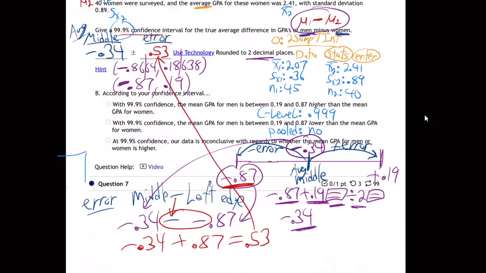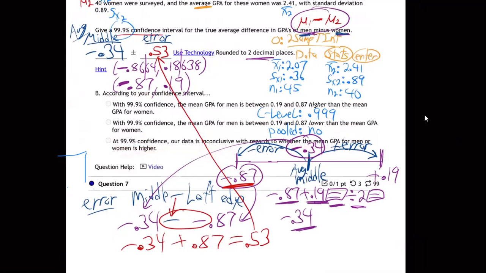Are we saying the men are lower, 0.19 and 0.87, those are our numbers, lower than the GPA for women, is that right? Or at 99.9%, our data is inconclusive with regard to whether men's GPA or women's GPA is higher?